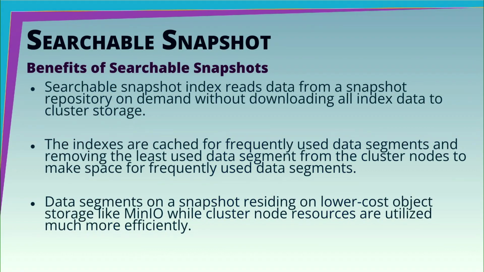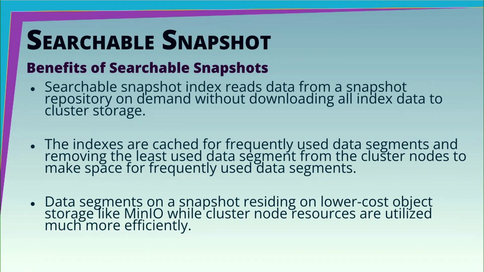So with a searchable snapshot, the way it differs is that rather than restoring the entire 10 gigabytes or 1 terabyte, it'll first query the snapshot in the object storage bucket. And then based on the query, it will retrieve only the results which are part of that query. So say the result is only 500 megs. It's not going to download the entire terabyte worth of data.